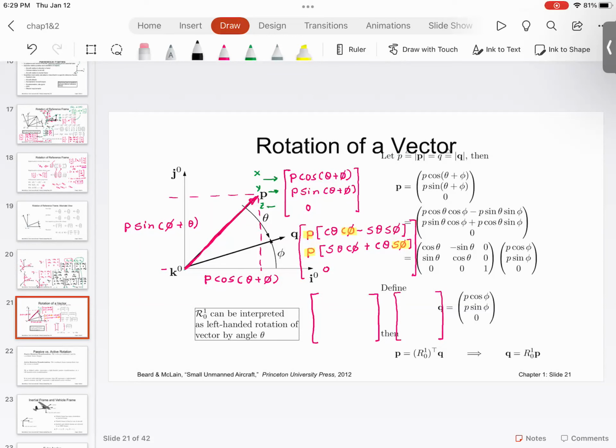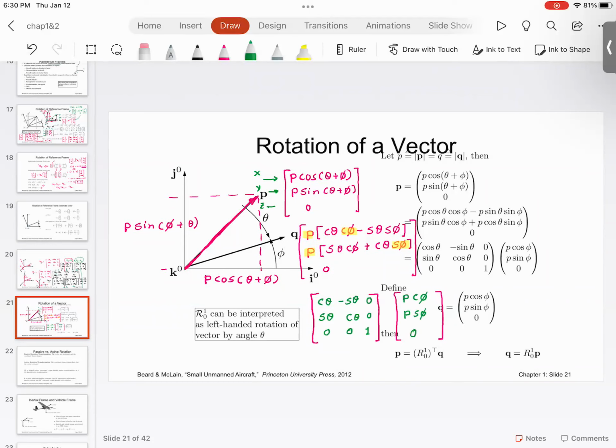What it means is this matrix will become cosine theta, minus sine theta, 0; sine theta, cosine theta, 0; 0, 0, 1; and now I have here P cosine phi, P sine phi, and 0.